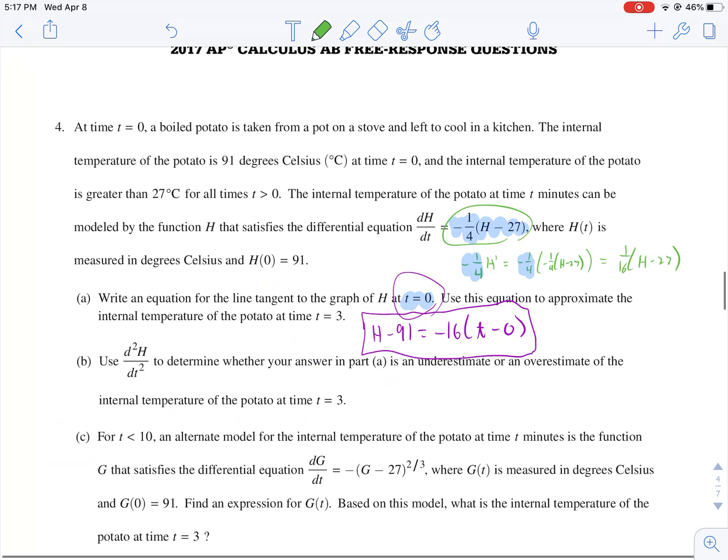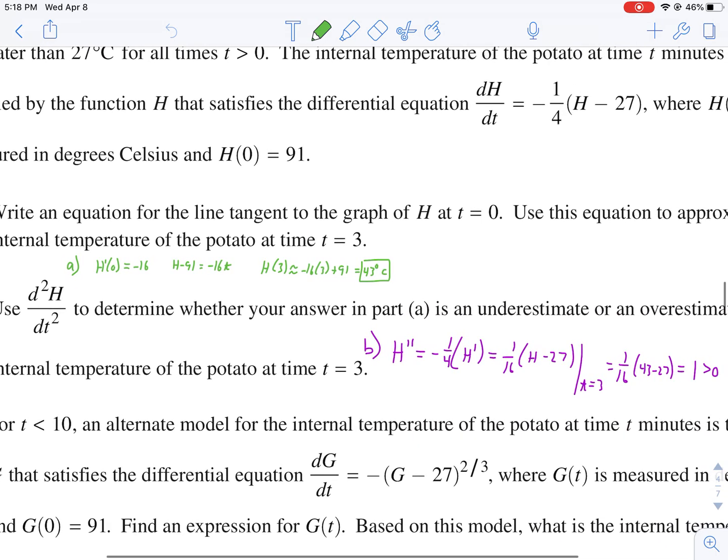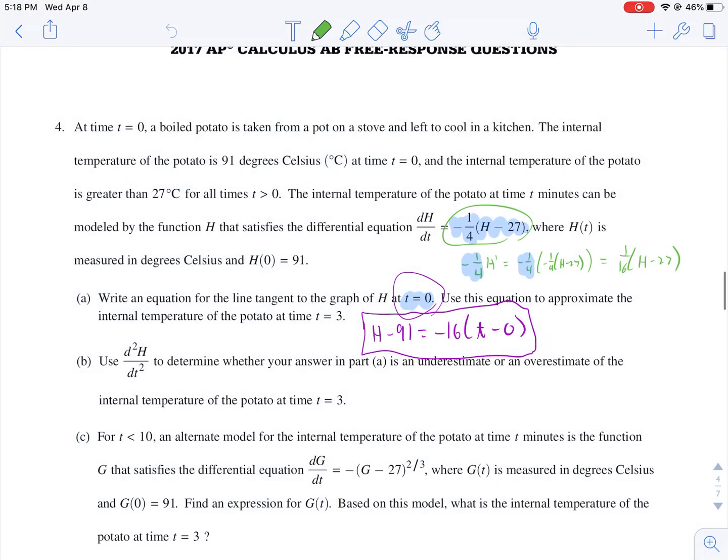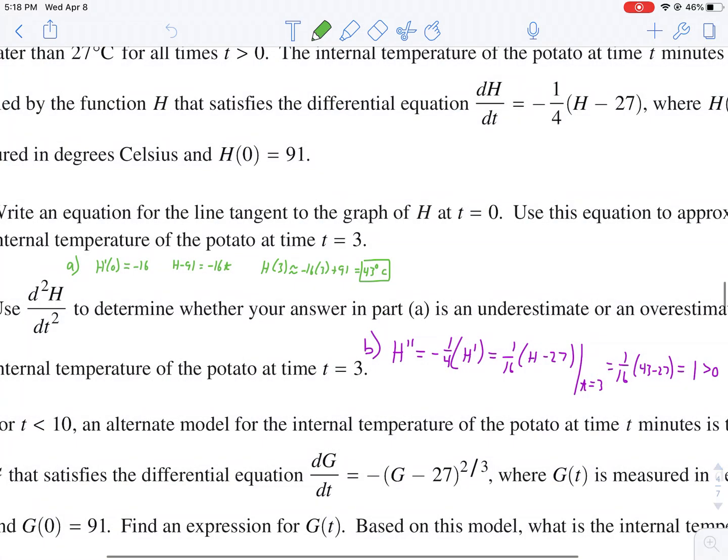And we're finding this at t equals 3, but we're using our tangent line at 0. I'm sorry, so we know from above we knew h of 3 right here was equal to 43. And so now we can plug 43 in for h, and here's the work for that.